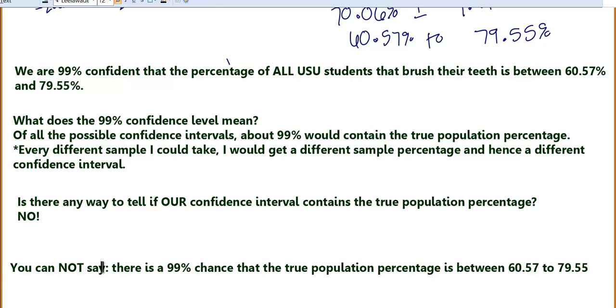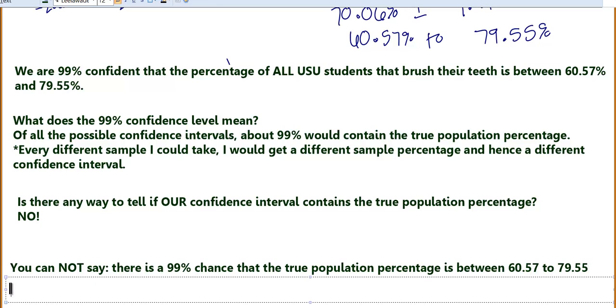You cannot say that. Why can you not say that? Does anyone remember from the video? It seems like a very intuitive thing to say, and people really want to say it, because we know that there's no way to tell if the interval contains a true value or not, and they want to at least put a chance on whether or not it contains a true value, but we can't say this.